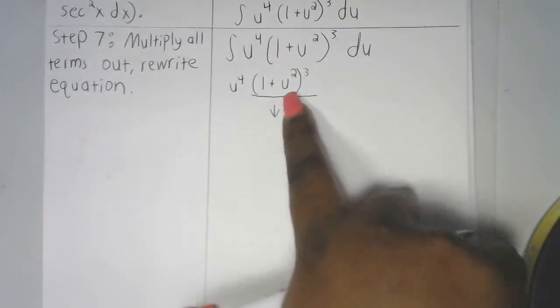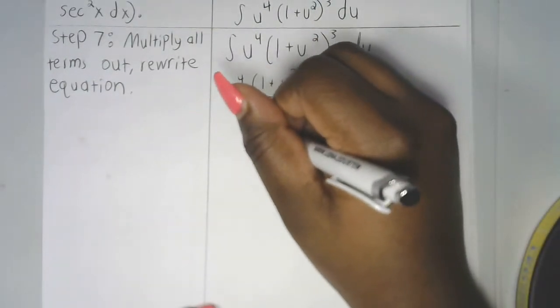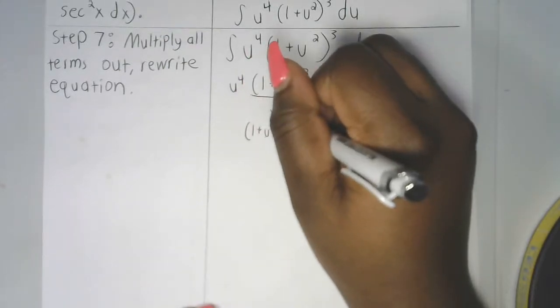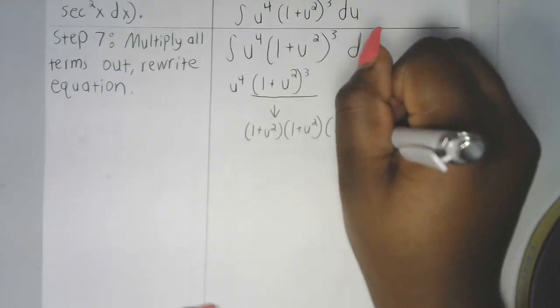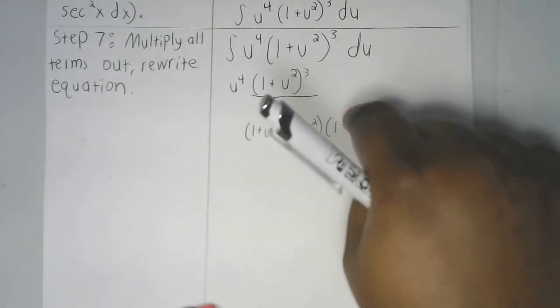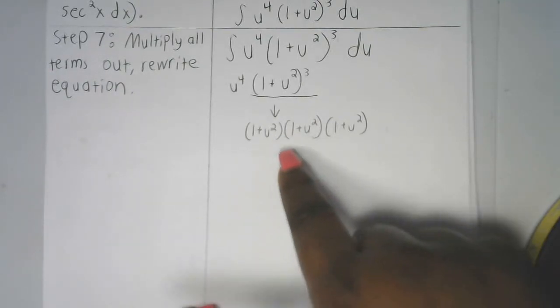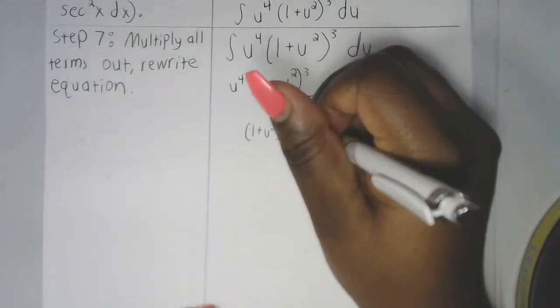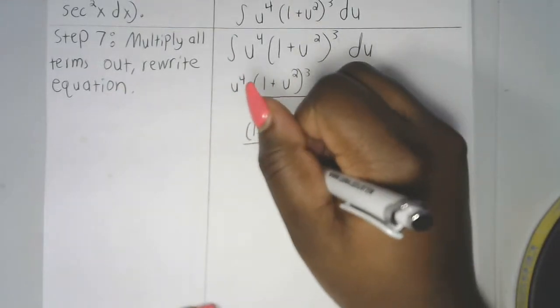This term, 1 plus u squared, all that cubed, is equal to 1 plus u squared times 1 plus u squared times 1 plus u squared. So we have to multiply this whole thing out. I'll just multiply these two first, then whatever answer I get, I'll multiply by that.